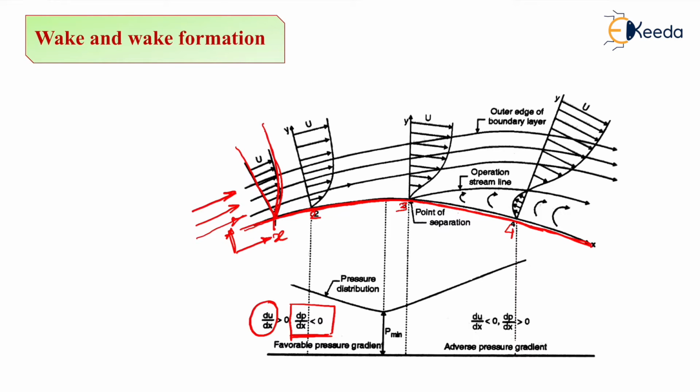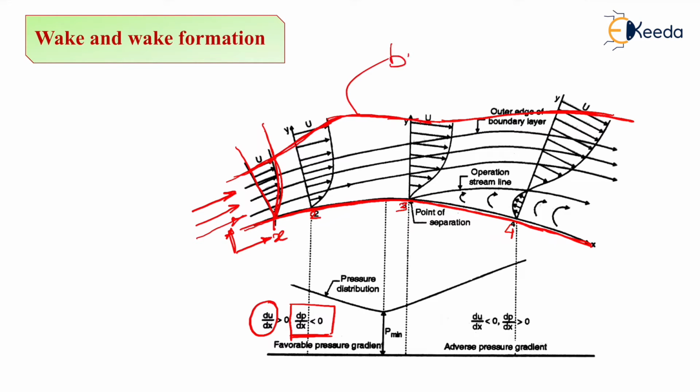So if I join the points of values equal to u, then I will have the nature of the boundary layer as shown in the figure.